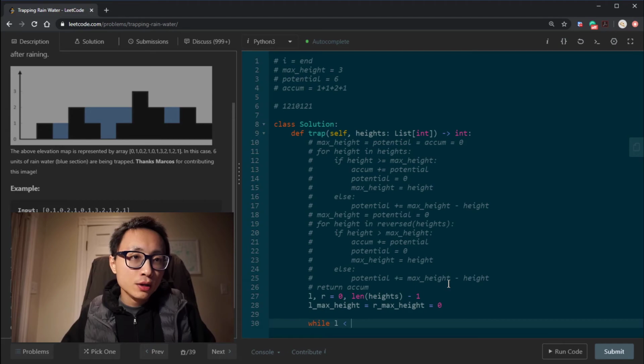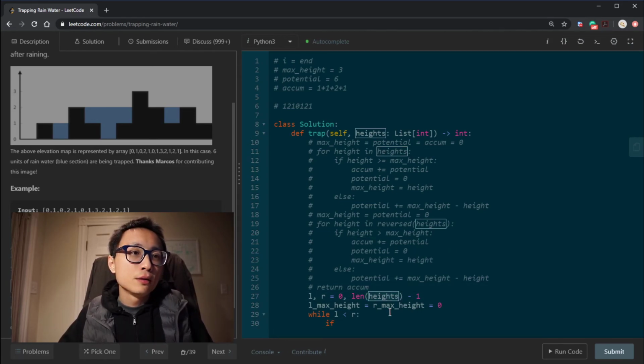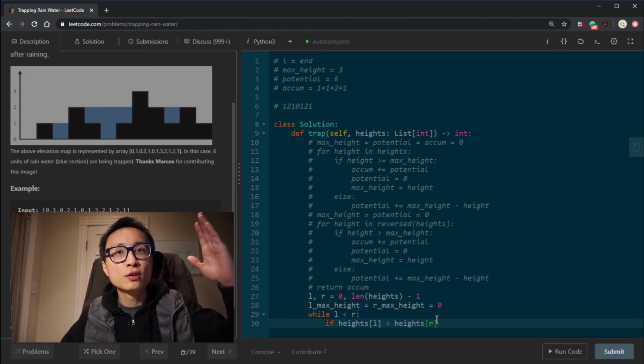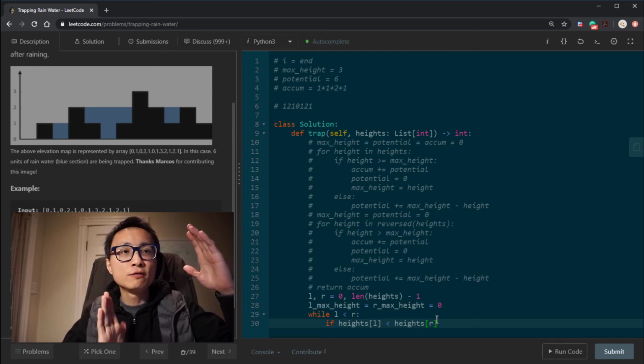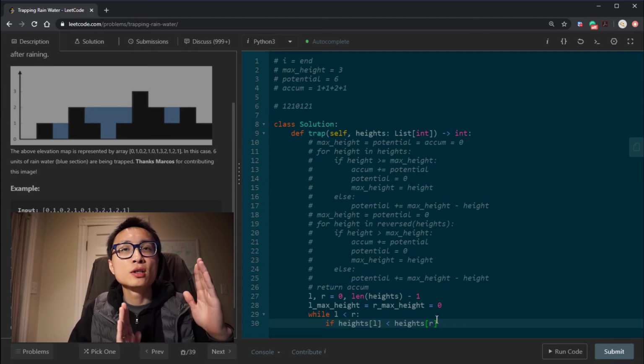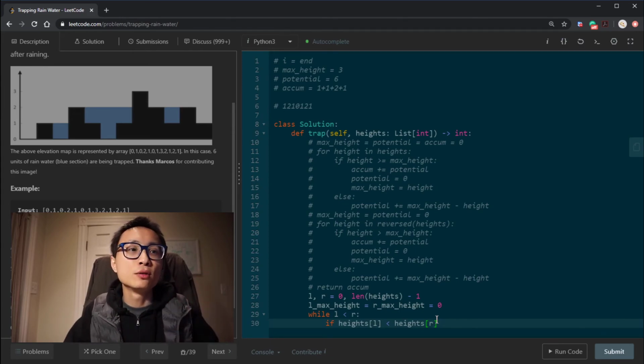While we haven't met each other in the middle, if the left height is less than the right, so if the right-hand side has a higher ground, then we want to move the left towards there, and all the water that can potentially be trapped there can be directly put onto the accumulator.